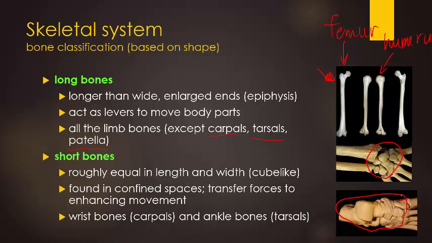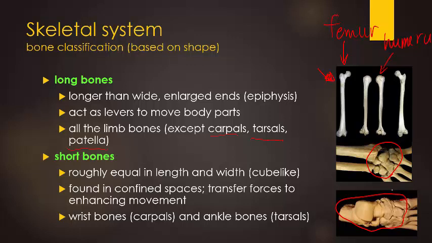So again, approximately cube-like bones, not exactly, but close enough. And because there are so many different bearing surfaces, places where there are joints, you can get a lot of transfer of force and a lot of very complex movement out of these bones.